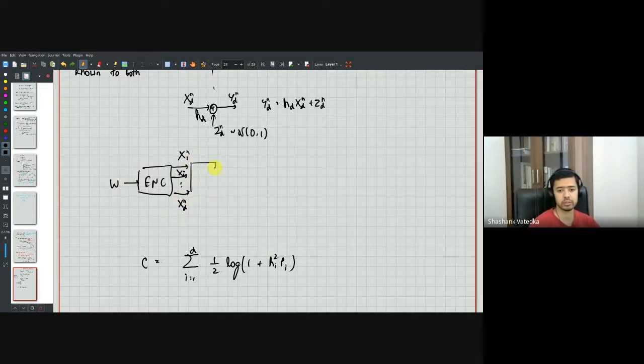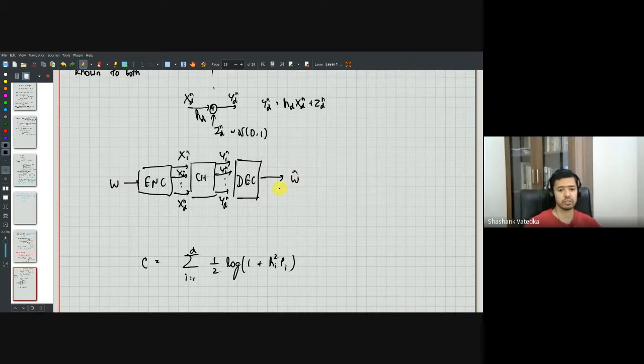This goes through the channel, and with the output of the channel you see y1n, y2n up to ydn. The decoder sees the outputs of all of these D subchannels, and outputs an estimate W hat.